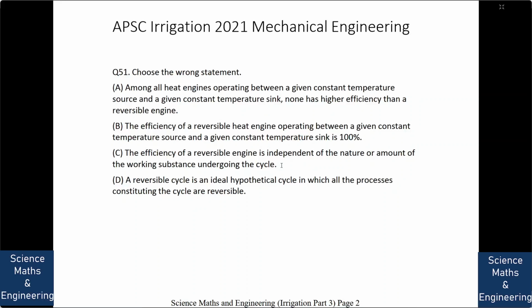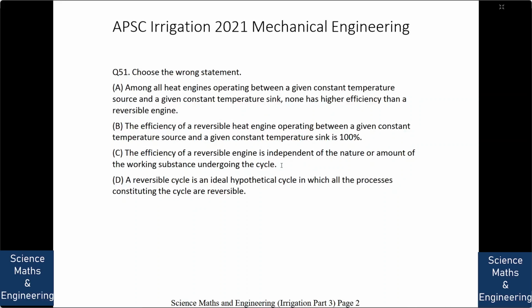Choose the wrong statement. A. Among all heat engines operating between a given constant temperature source and a given constant temperature sink, none has higher efficiency than a reversible engine. B. The efficiency of a reversible heat engine operating between a given constant temperature source and a given constant temperature sink is 100%.